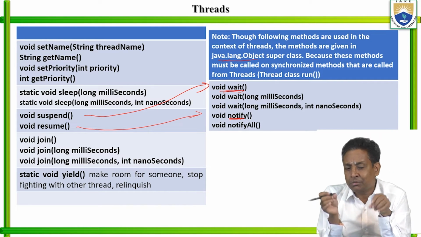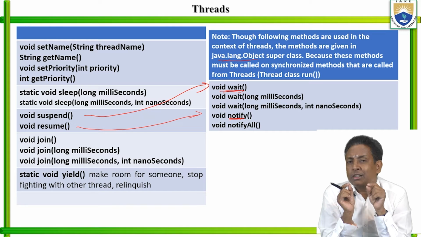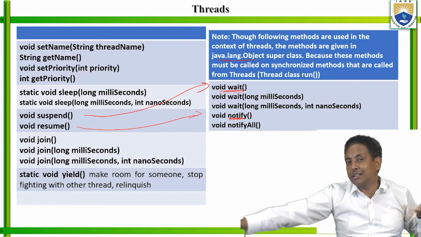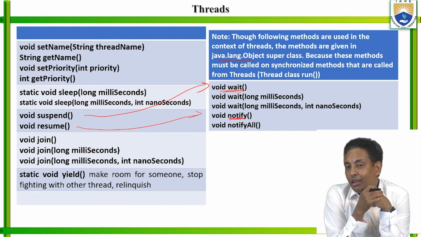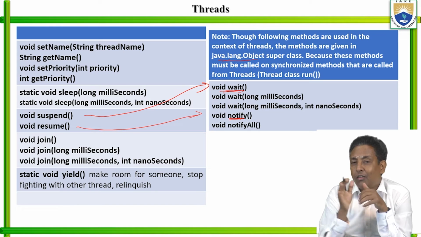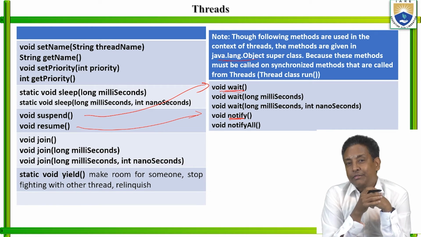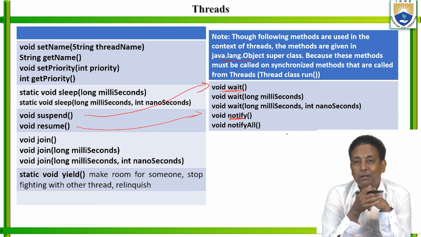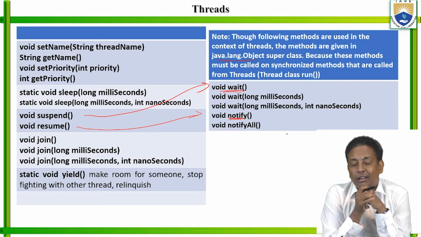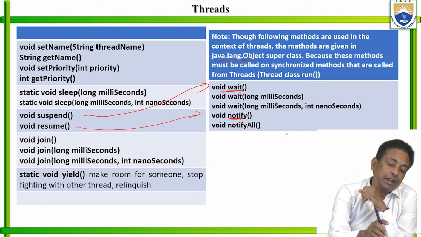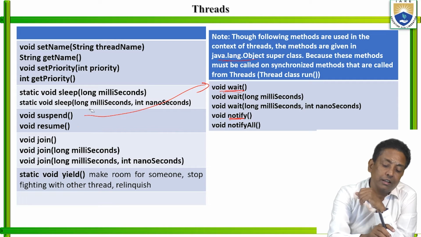In java.lang.Object means these wait and notify methods are available to all the Java classes in the Java API, but these methods are not part of the Thread class. You know why?